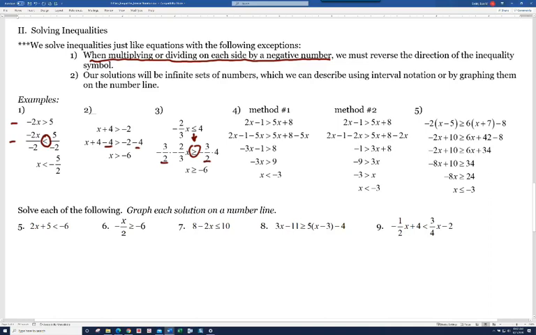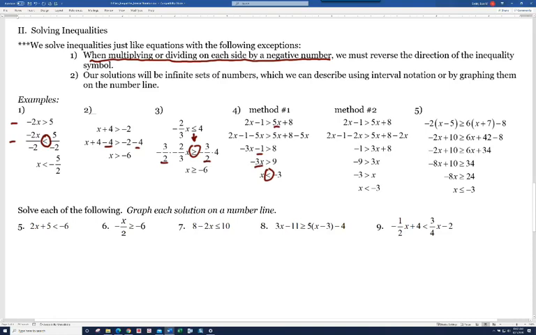All right, so look at number 4. In the first method, using method 1 here, I subtracted 5x from both sides, and then I added 1 to both sides. I divided by negative 3 on both sides, and notice that's where I reversed the symbol.